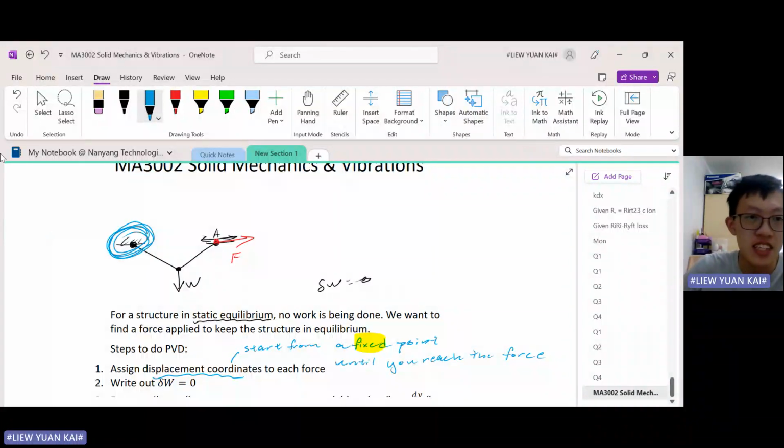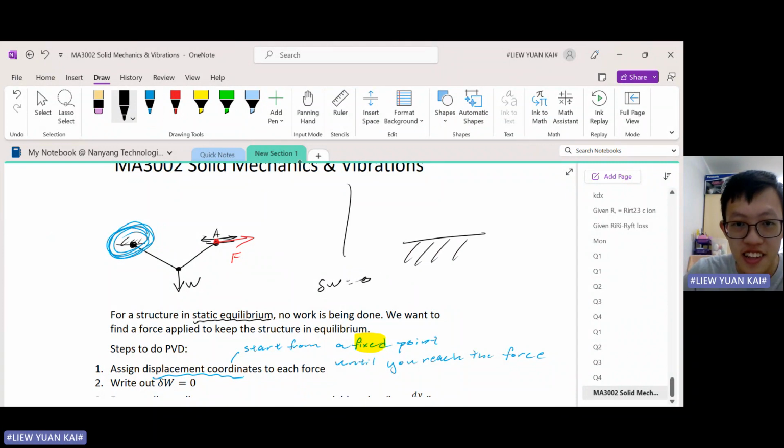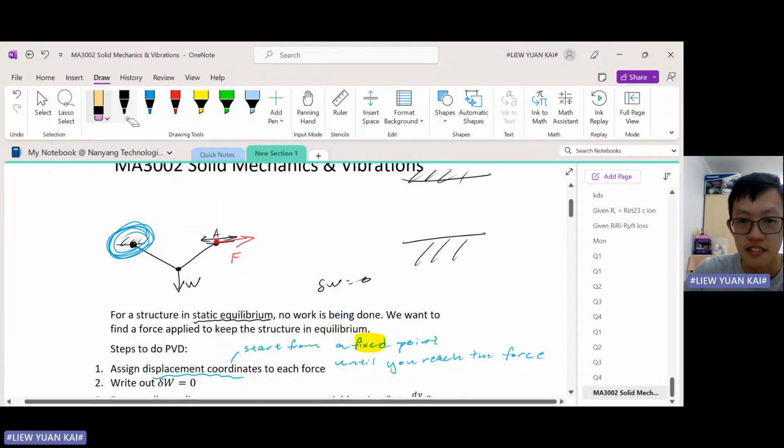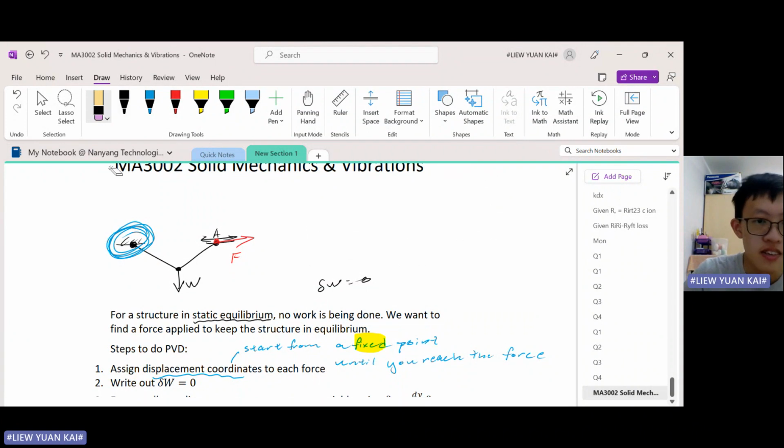So whenever you see these hatched lines, the walls, the ceilings, the floors, these are indicating fixed structures. Since this is a fixed structure, we can start from here, and then we draw our coordinate axis all the way until we reach the force F.